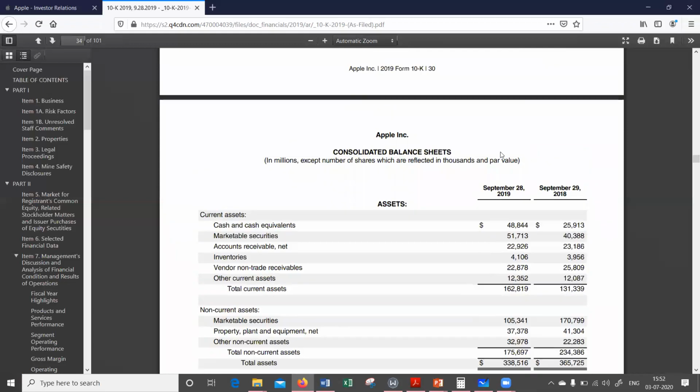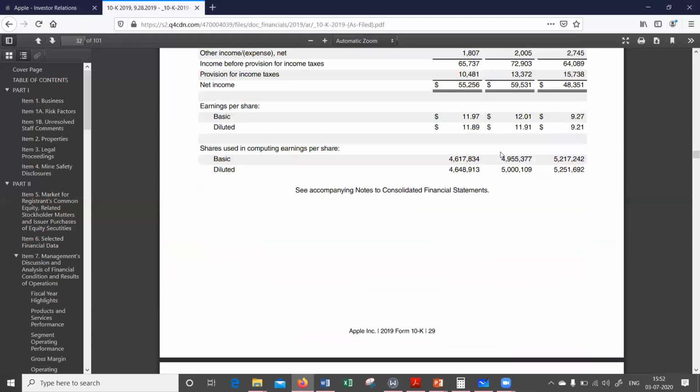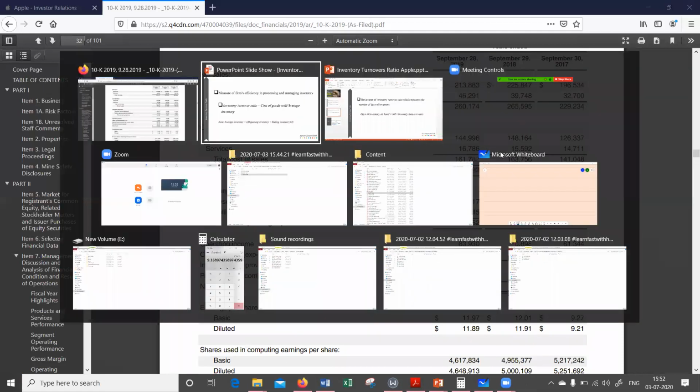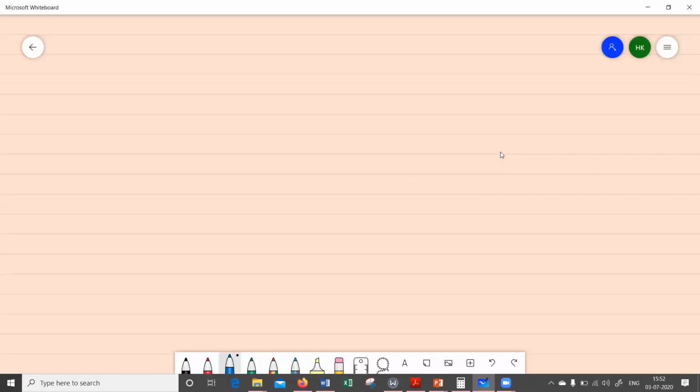I'm going to go back to cost of goods sold and write it down over here. First, I'm going to write down the formula: inventory turnover ratio is equal to cost of goods sold divided by average inventory.